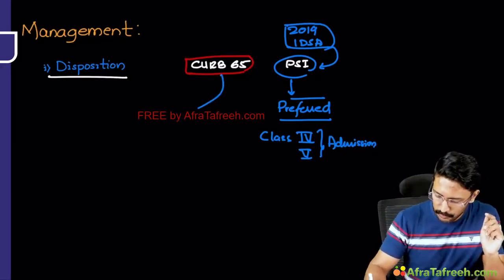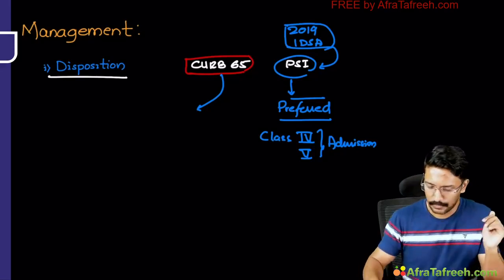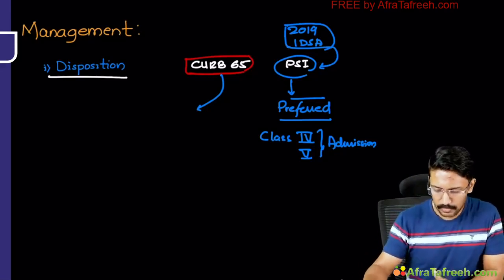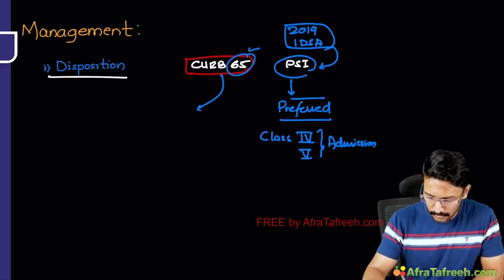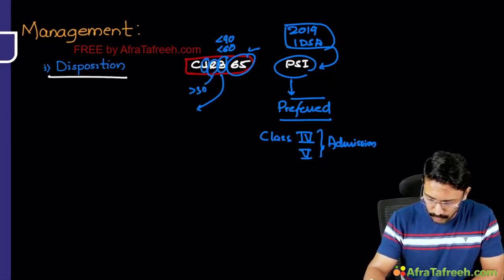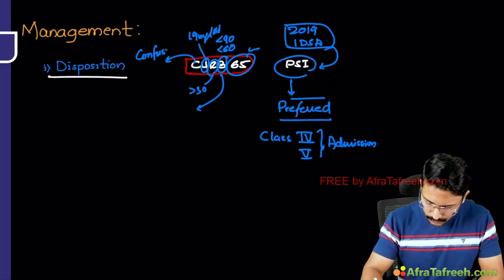Okay, just because we've been following CURB-65 for some time, let us also talk about CURB-65. Like we all know, CURB-65 has 5 components: age more than 65, blood pressure less than 90 systolic or less than 60 diastolic, respiratory rate more than 30 per minute, blood urea nitrogen more than 19 milligrams per deciliter, and presence of confusion.